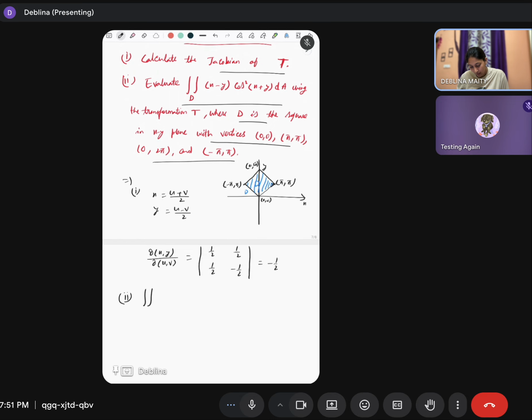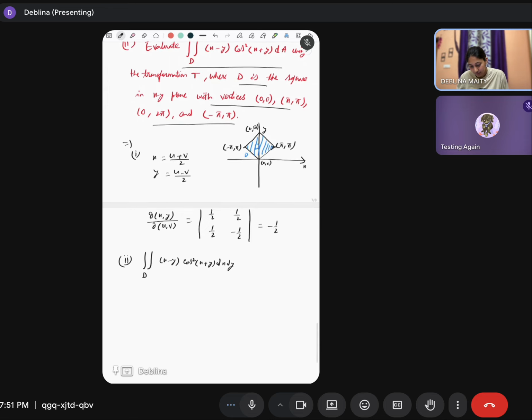We are given the region D, so first we have to find the limits of u and v. x plus y is u, and v is x minus y. So this is the xy plane.